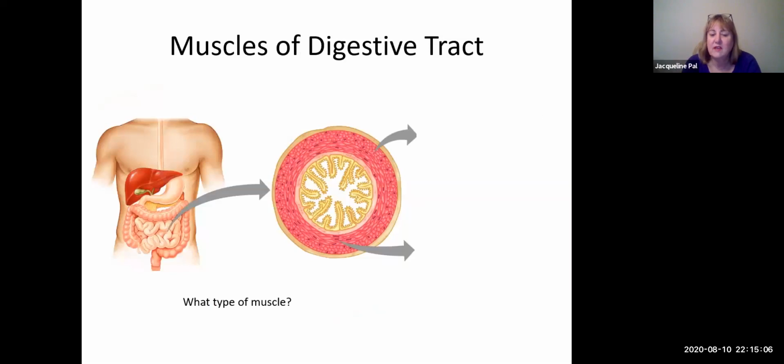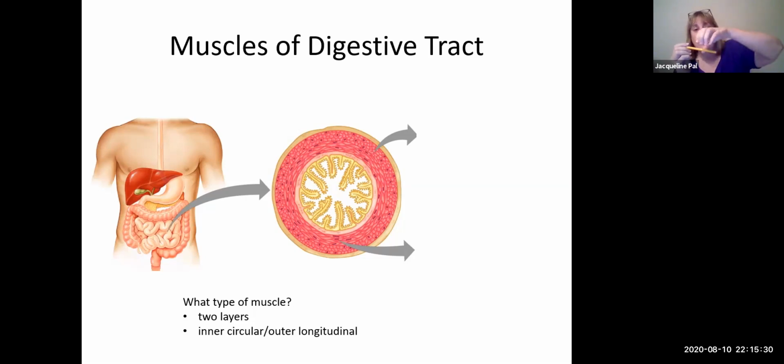When we're looking at the digestive tract, the baseline orientation of muscles of the digestive tract is that there are 2 layers. If this is your digestive tract, we're not talking about the muscularis mucosa, we're talking about the muscularis externa. In the muscularis externa, the superficial or inner layer is circular. When it contracts, it squishes the lumen down to squish whatever foodstuffs are in there.